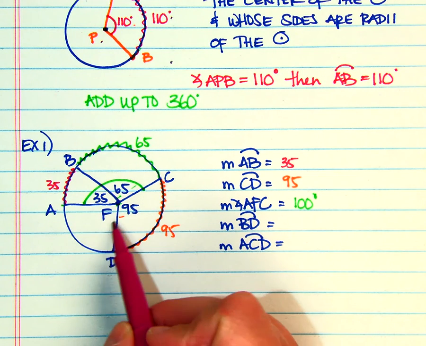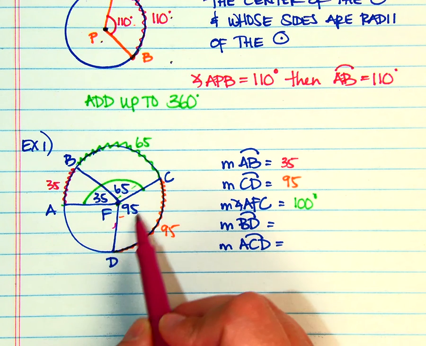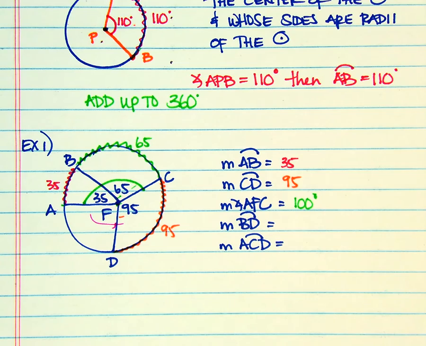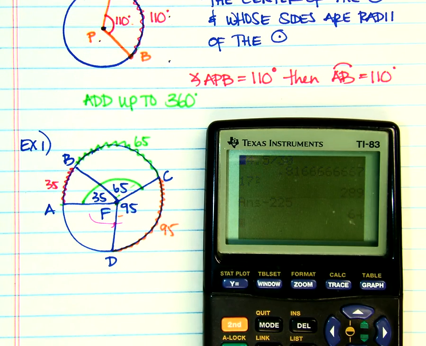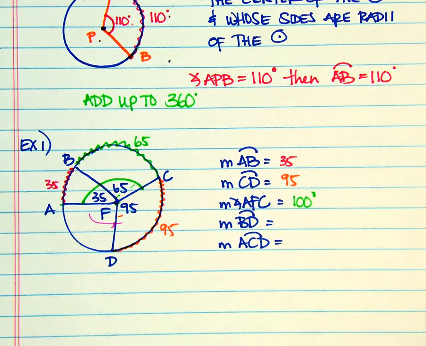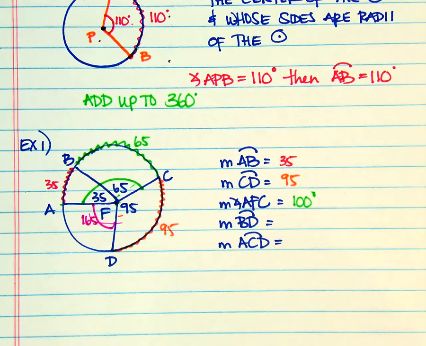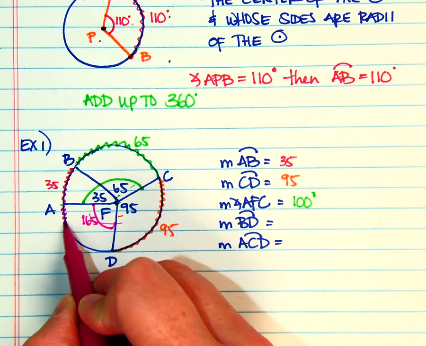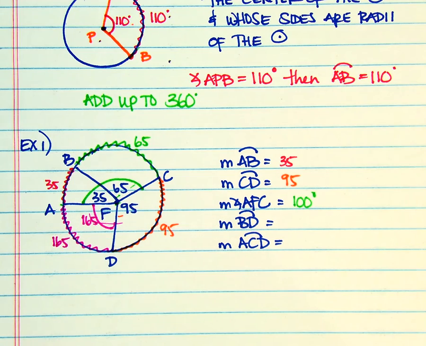So I'm missing this piece. Okay, so I know that all of these have to add up to 360. So I am going to do 360 minus the 95 that I have, minus the 65, minus the 35, and that gives me 165. So that means this angle is 165, which means that this arc is also 165.